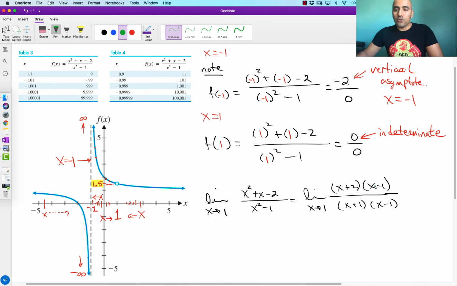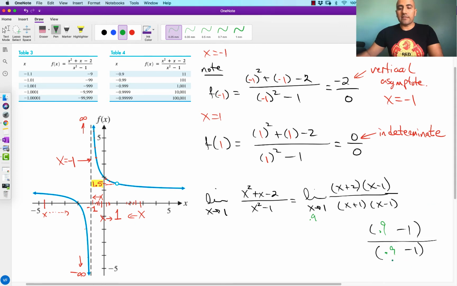So if we choose any number that's close to 1 but never 1, then this over this ends up being the same number, so we can cancel them, right? So for example, if I let x equal 0.9, then just this part of it would be 0.9 over 0.9.